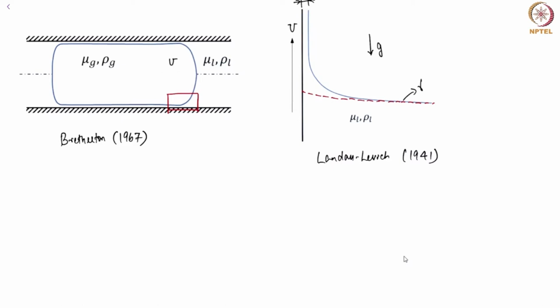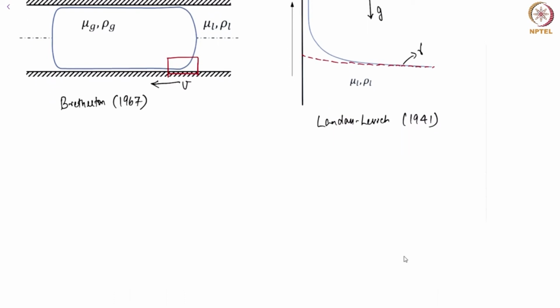And when we do that, the bubble becomes stationary. It will appear to us that the tube is moving backwards with a velocity u. And when we look at the meniscus in this region, that's shown in the box.